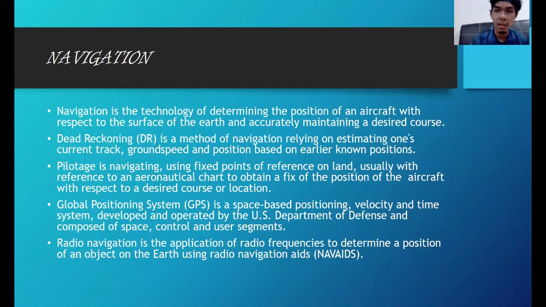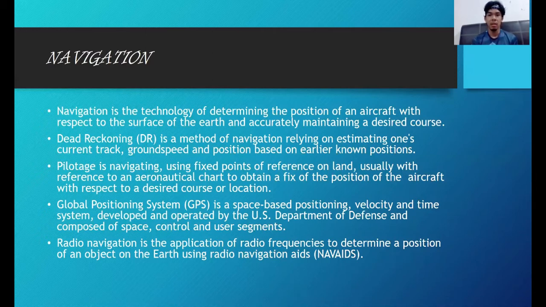The next one is pilotage. The pilotage method is navigating using fixed points of reference on land, usually with reference to an aeronautical chart, to obtain a fix of the position of the aircraft with respect to a desired course or location. Basically, the pilot will use a map and their eyesight to determine their location and the path of flight.